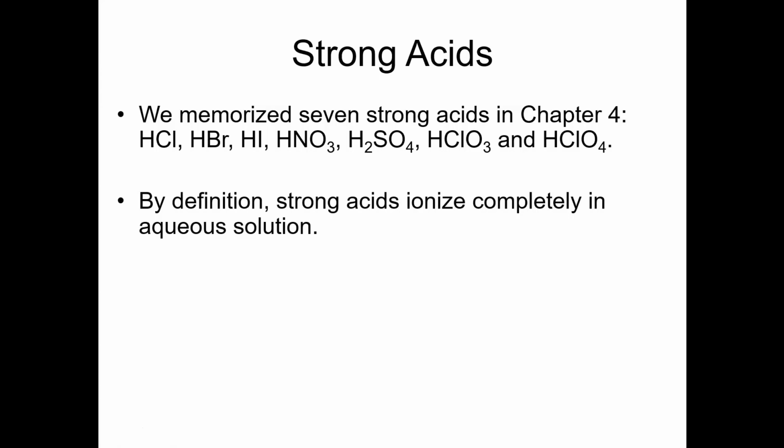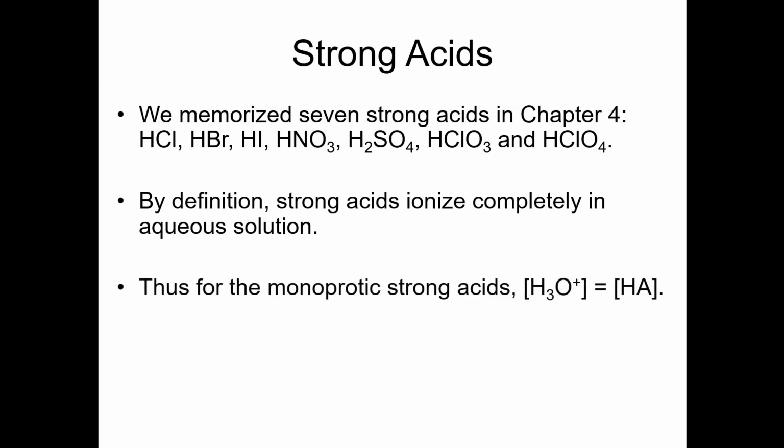Now remember, by definition, strong acids are going to ionize completely in aqueous solution. And that means that 6 out of the 7 of these are monoprotic. The only one that's diprotic is sulfuric acid, and we'll talk about how much it ionizes at another time. But for the other 6, which are all monoprotic, the hydronium ion concentration at equilibrium is going to be equal to the acid concentration.